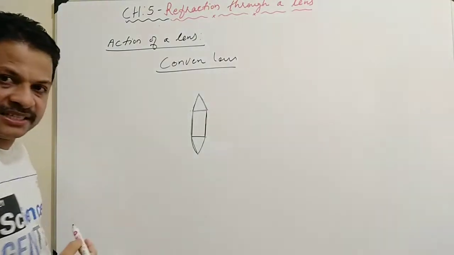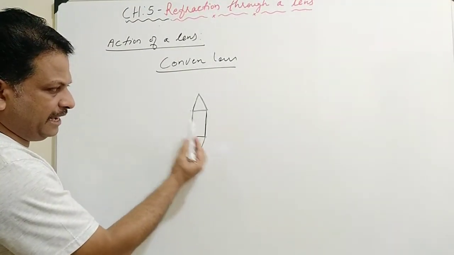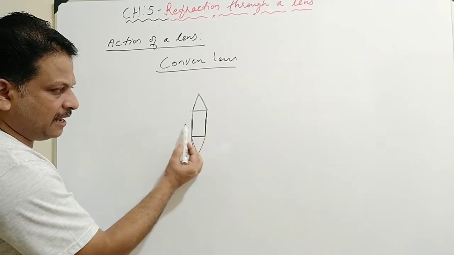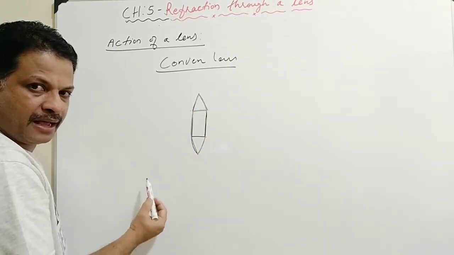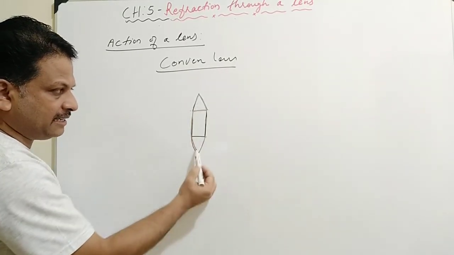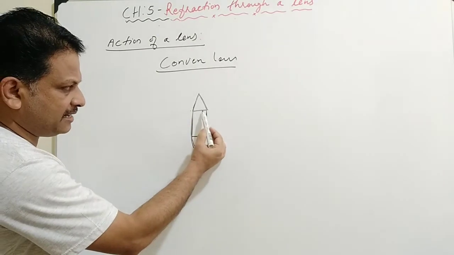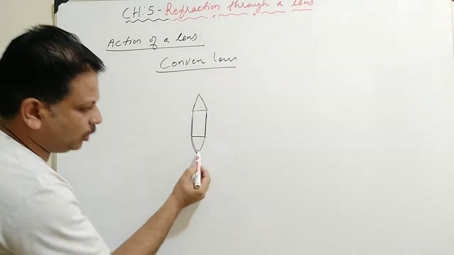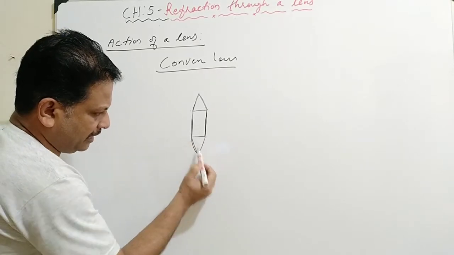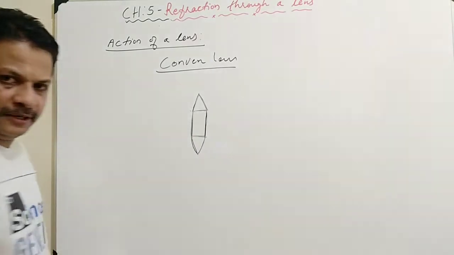Okay, the construction is clear to you. So a convex lens can be considered as being made up of a rectangular glass slab in the central portion and two prisms on either side, such that the upper part of the lens has a prism with its base pointing downward, and the lower part has a prism with the base pointing upward.